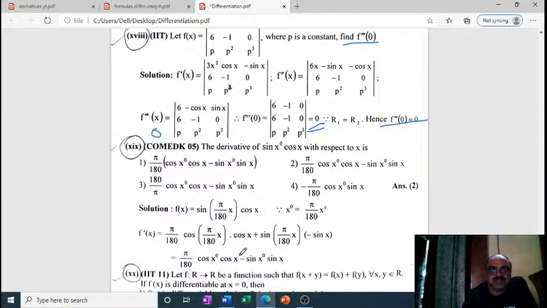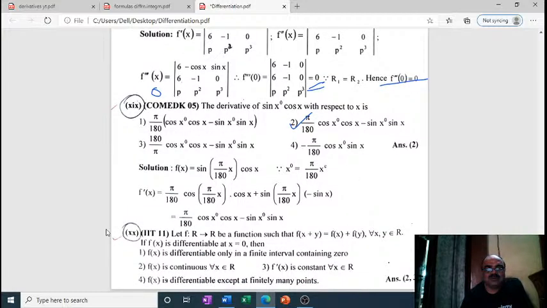Convert back this into degrees. This we had done for our simplification. So as to get the right answer, pi by 180 into cos x degrees into cos x minus sine x degrees into sine x. So the right answer is second one.